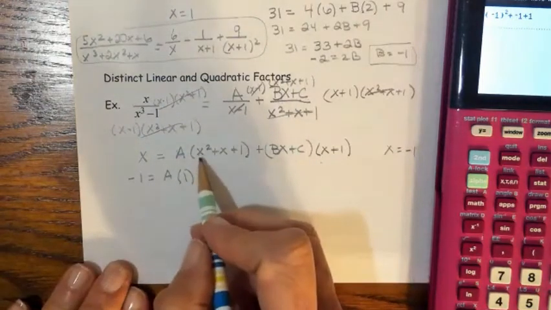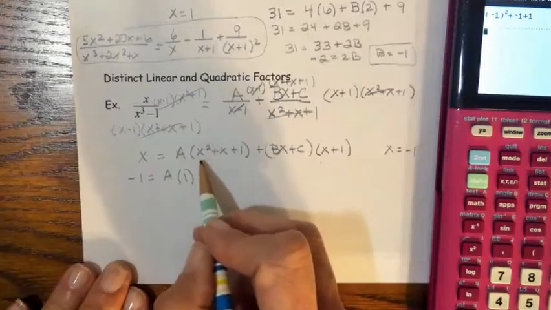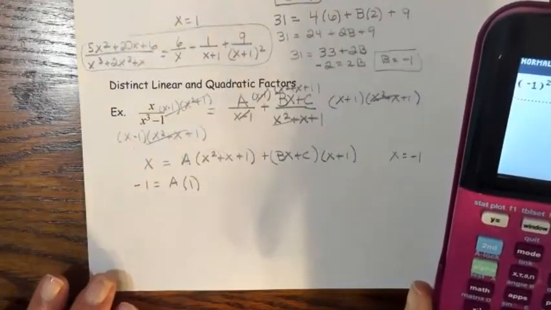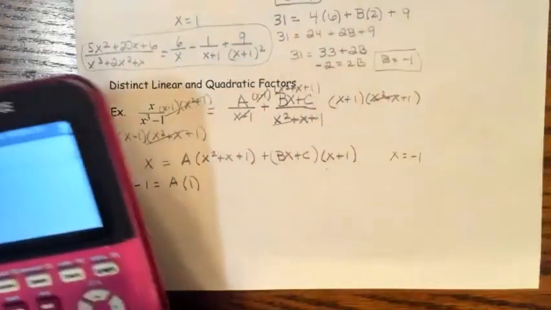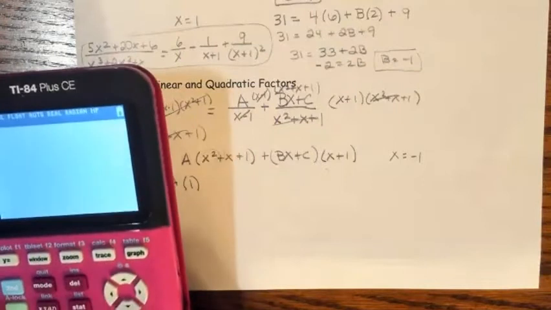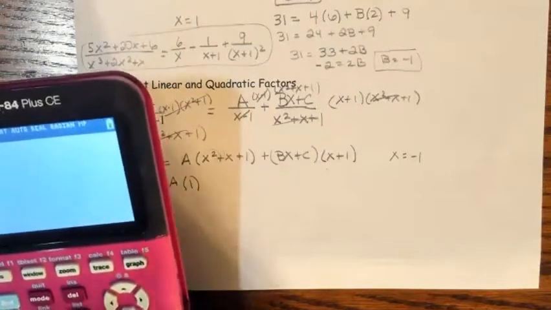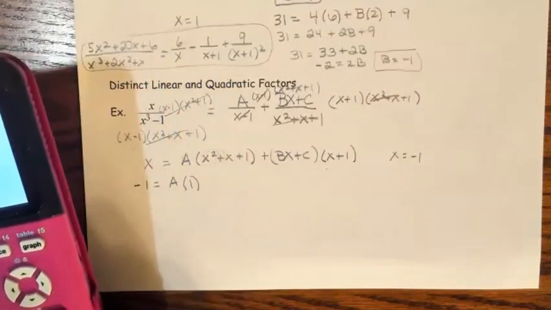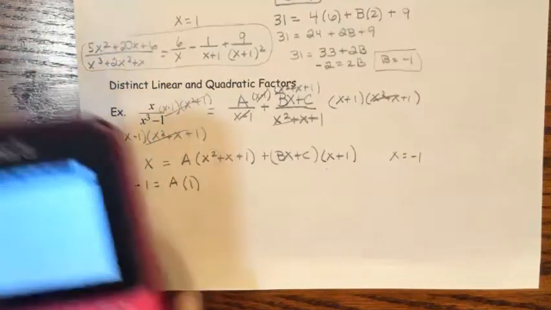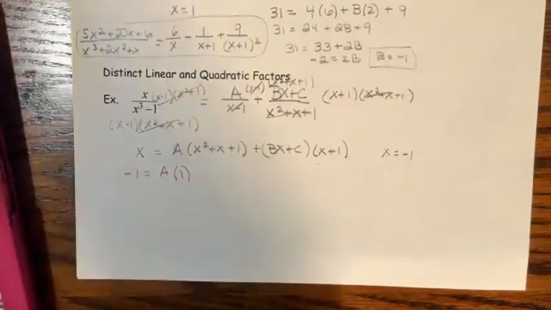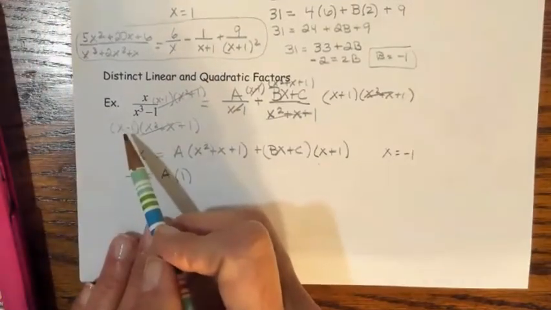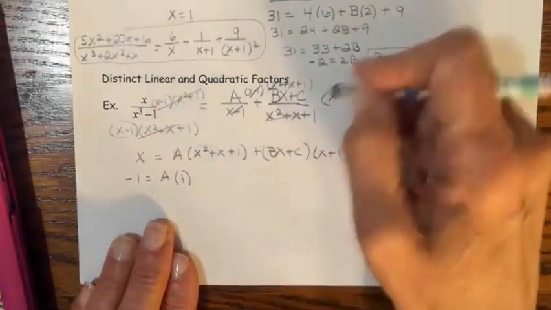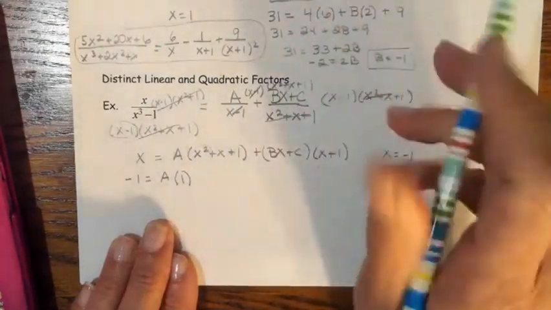That's not right. So if I plug in -1, what did I do wrong here? -1 squared would be 1. Oh my goodness. This is -1 and I put +1. Oh my goodness.